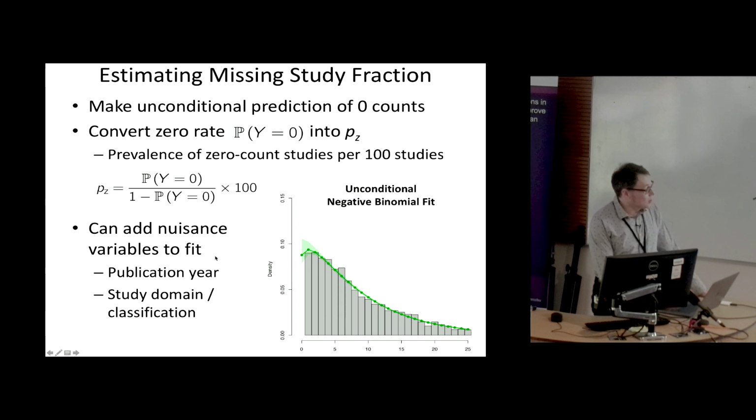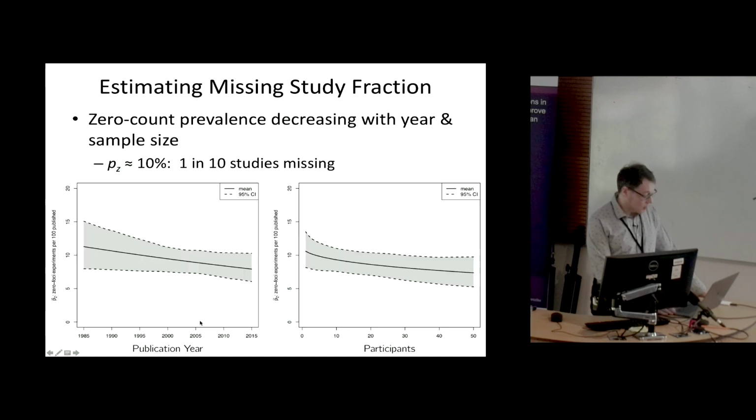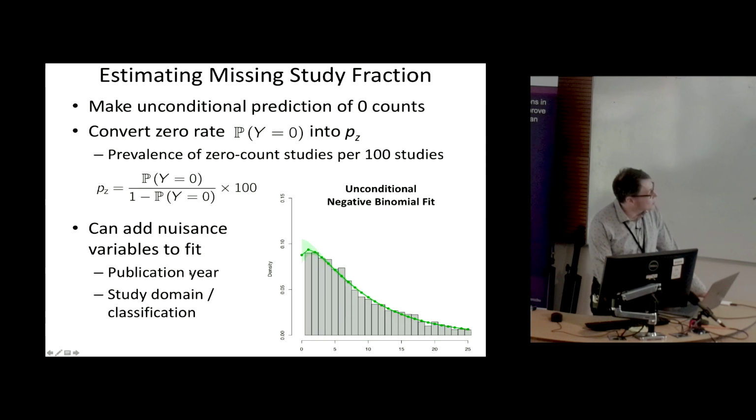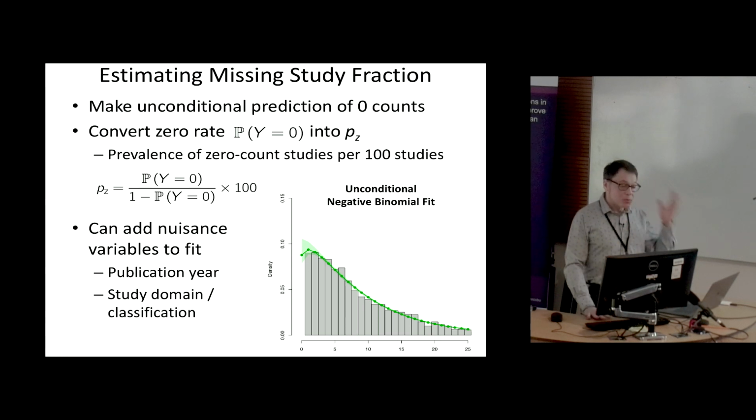Also, because of the general regression framework that we're using, you can include things like publication year, study domain, classification, what have you. And when we express it, sorry, I should go back, this is important. The thing that we can estimate is, if zeros were possible, we can renormalize things and say, what is the probability of observing a zero? But I think that's not so interesting.